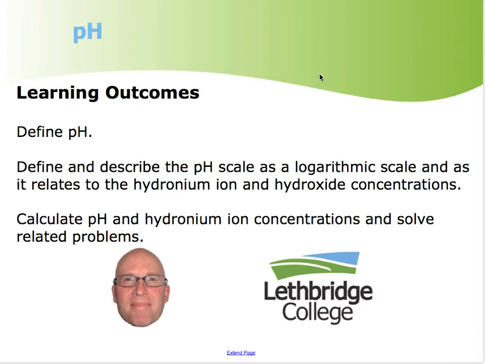You've probably heard that term in lots of other places, like the pH of a pool. You need to keep it at a certain pH in order for the chlorine to work. And there's lots of places where you might have heard of pH before. Basically, pH is a scale. It's actually a logarithmic scale. Don't worry about that word.